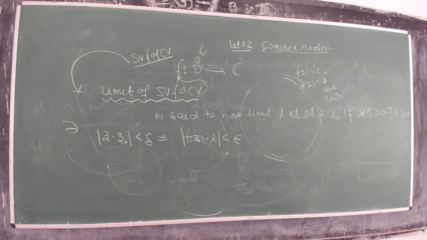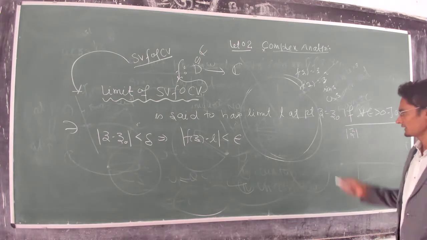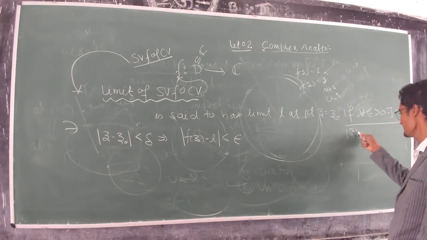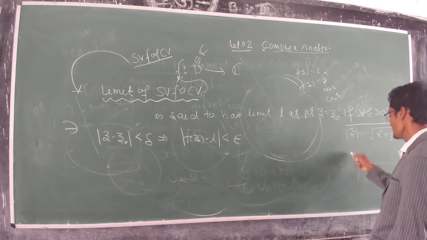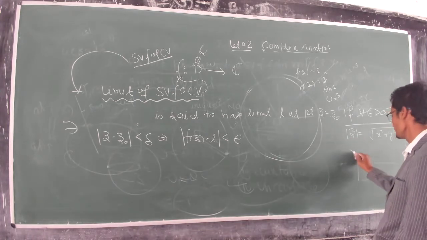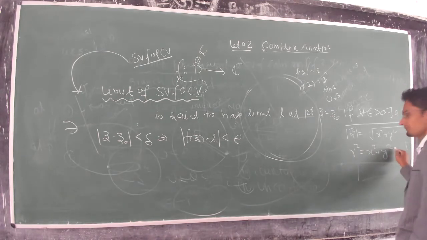Okay. So whenever you have modulus, you always remember the meaning of mod z. If you remember, this will be under root real part square plus imaginary part square. Take both sides square. Mod z, suppose this is an absolute real number r, so this will be r square is equal to x square plus y square, right?